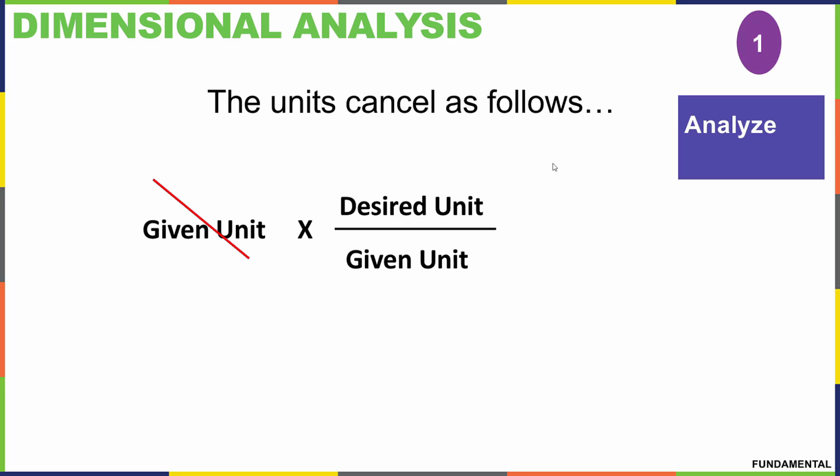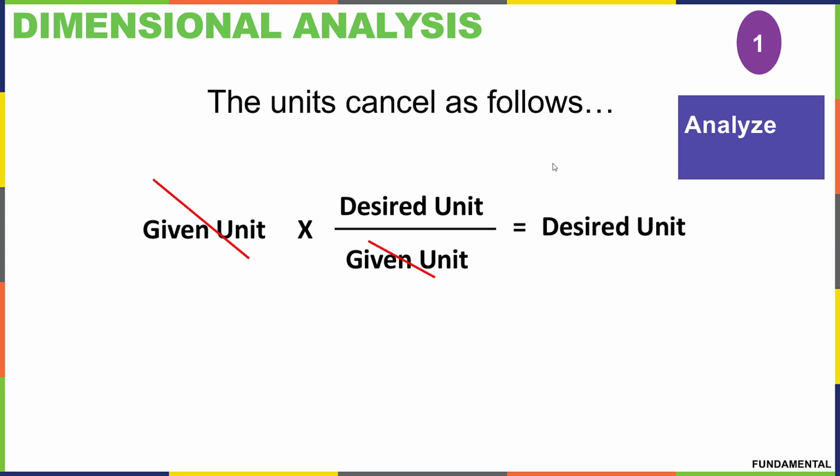Here's what happens. If you have the same unit, now this is understood to be at the numerator where this red line is. And if you multiply the same thing again on the denominator, it's going to cancel out. And that's going to leave you your desired unit. That's dimensional analysis.